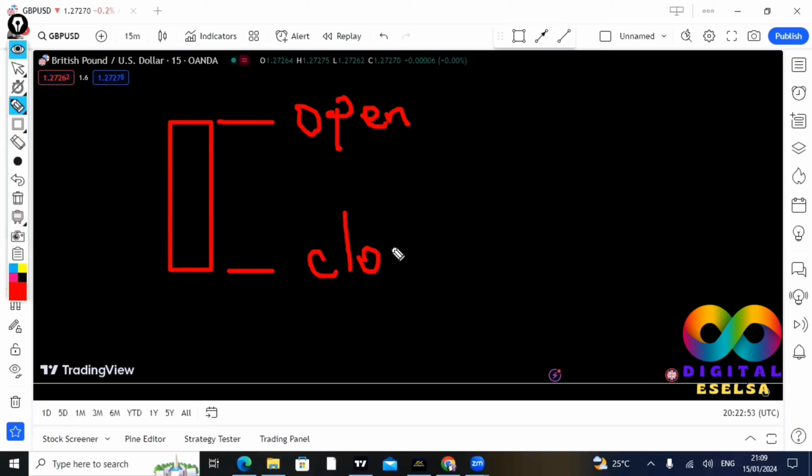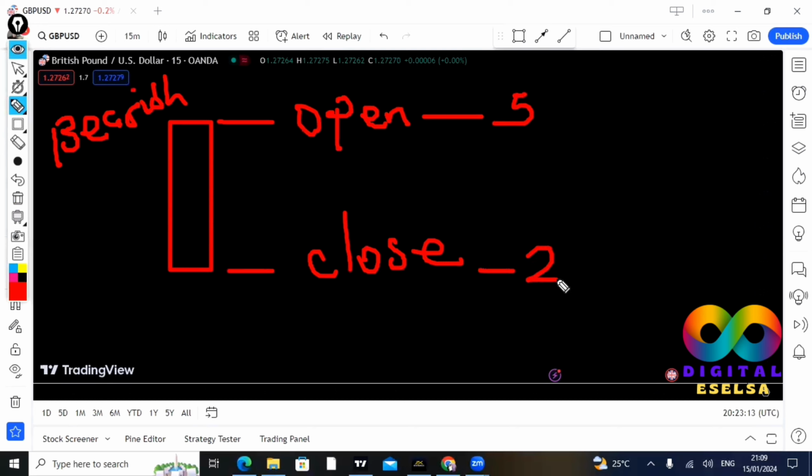This is where it closed, and that is what makes this candle a bearish candle. It means it is the bears, the sellers, that pushed price from, let's say, 5 to 2. That is exactly what they've done here.